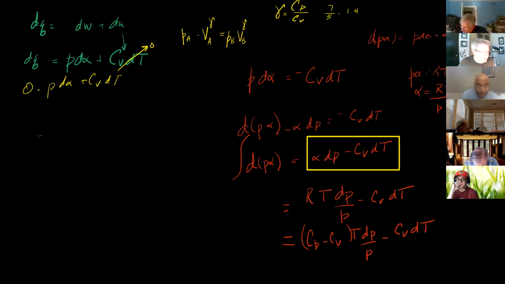This little equation here that we talked about, CV times P d alpha plus alpha dP.